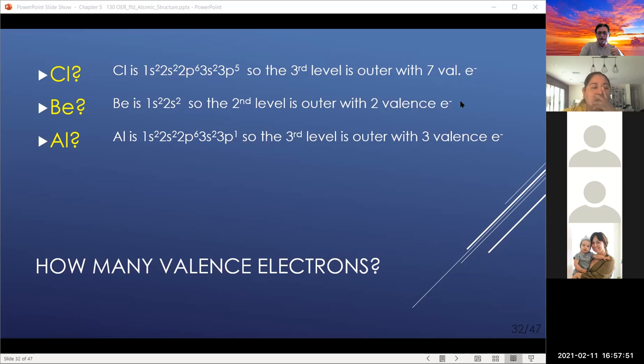Metals always lose electrons, so metals always become positive. And non-metals always gain electrons. So what do they become? Negative. Okay.